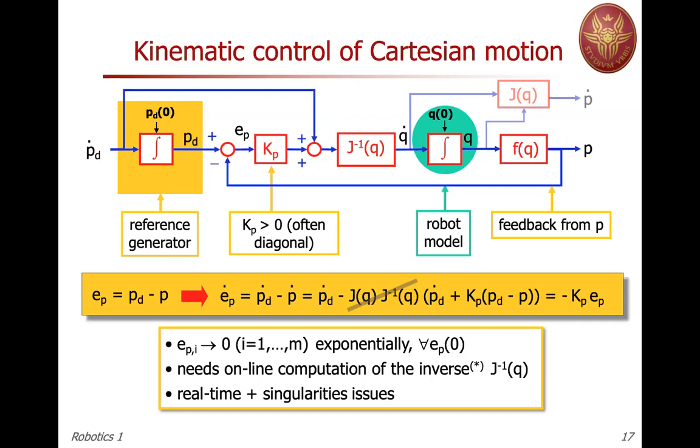So if you go back to the slide, I added the note, this error is being recovered as fast as possible by the presence of Cartesian feedback. So this is what we do.